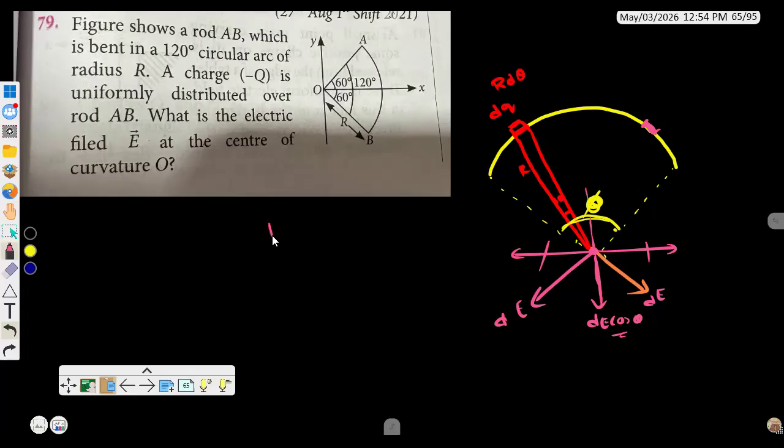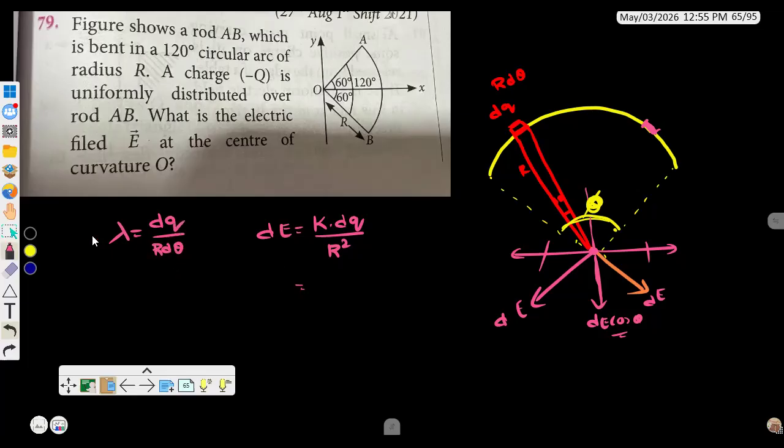Due to that dq charge, which is a point charge, the field at the center is k into dq upon r square, where r is the radius of the arc. We know that dq can be written in terms of lambda. Lambda is the charge per unit length, which is dq upon r d theta.